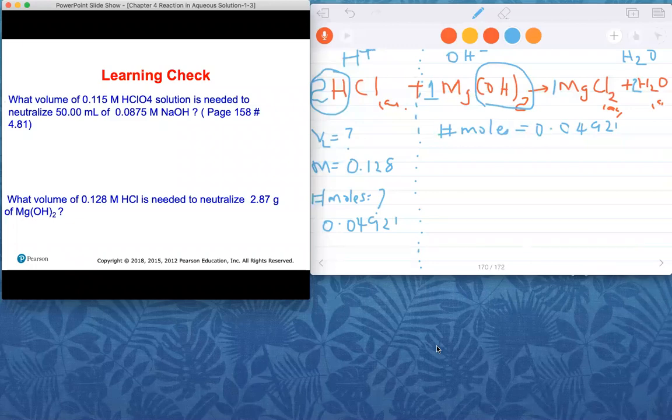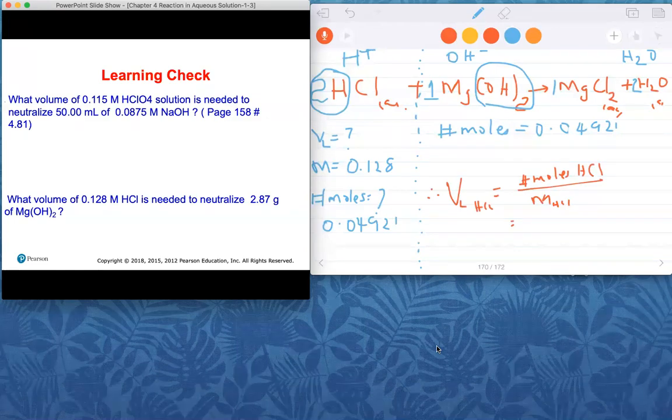From here, we can find the volume. Therefore, the volume in liters of HCl is given by the number of moles of HCl over the molarity of HCl.